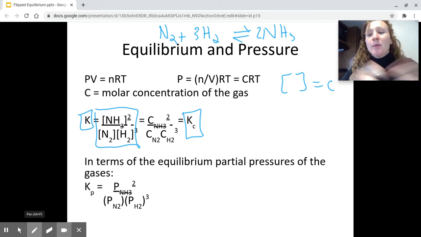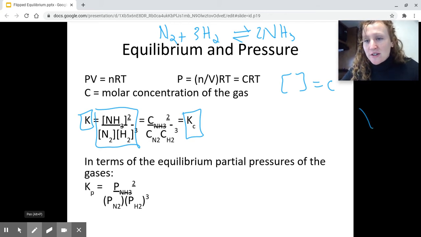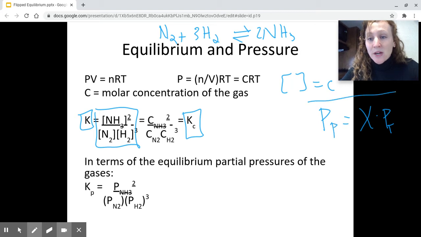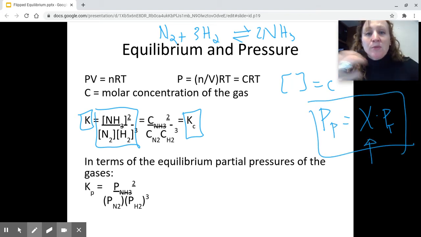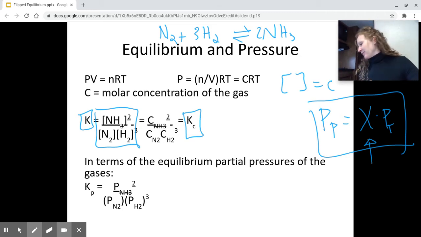When we're talking about the percentage of the total pressure that is dedicated to a specific gas, what we come out with is partial pressure. Our percentage is just a percentage in terms of moles because we're chemists, and it's a lot easier to deal with percentages in terms of moles.